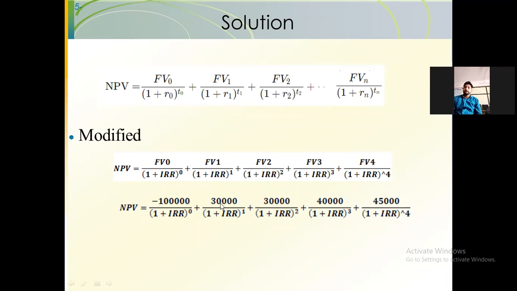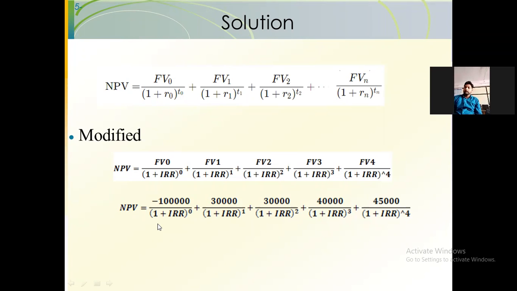Then for the second year you got 30,000 cash flow, or the benefit, or you can say the profit. Then next year 30,000 rupees, then 40,000 rupees, then 45,000 rupees. So the cash flows are considered, and the periods, the T values, are known: 0, 1, 2, 3, 4.